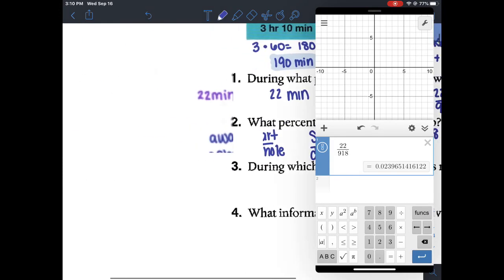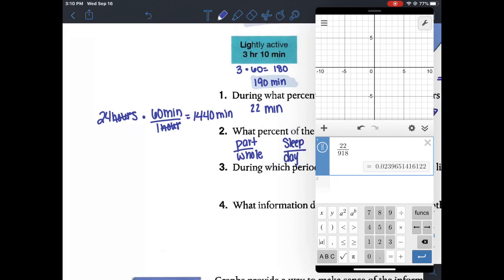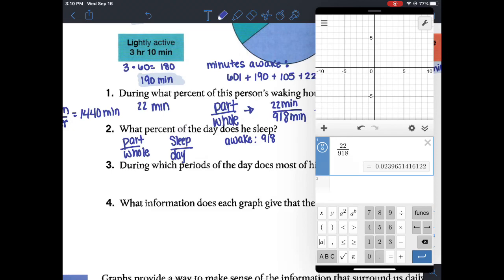And how many minutes are there in a day? So we have 24 hours times 60 minutes in 1 hour. And then our units cancel out, remember? So 24 times 60 is 1,440, and I'll just include my minutes. So in a day, there's 1,440 minutes.